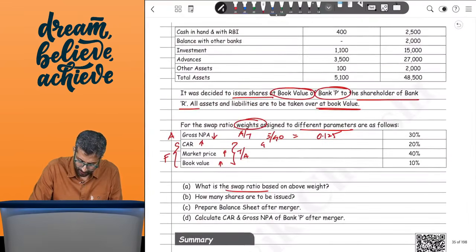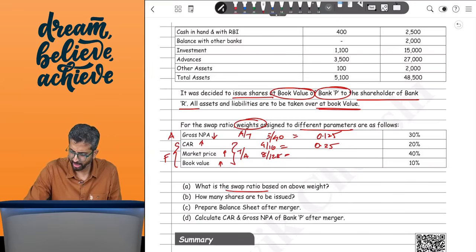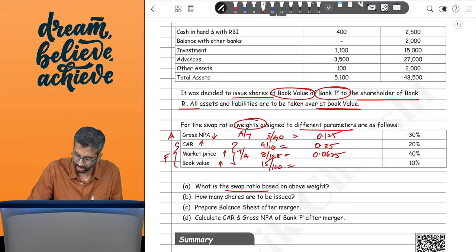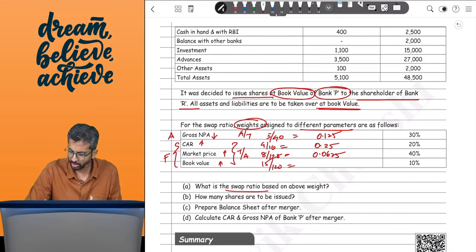So this is 4 by 16, 0.25 is to 1. Market price, target by acquirer: 8 divided by 128 comes to 0.0625. And book value we just found: 15 divided by 120 comes to around 0.125.